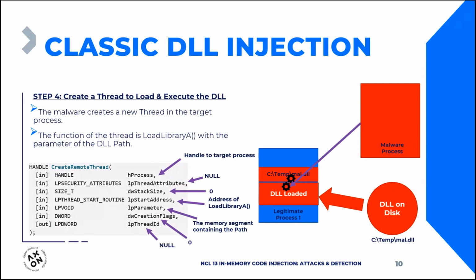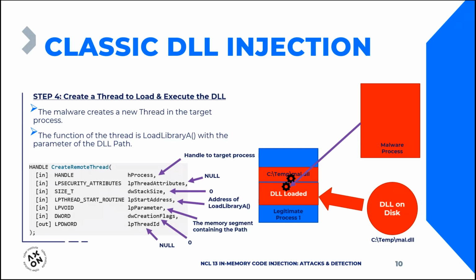Because ultimately, for our loaded DLL to run, it needs to run as its own thread within the target process. So we're gonna create a new thread and then associate this new thread to the DLL and call the DLL to load. And once it is loaded, it's going to run automatically.